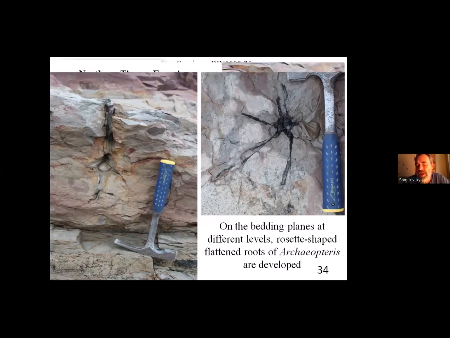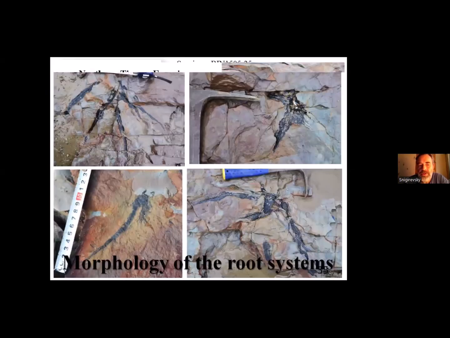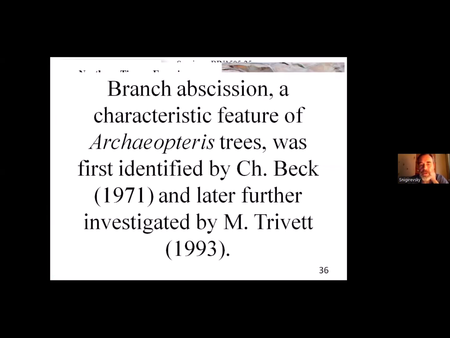So, rosette-shaped flattened roots. And here are different morphological types of root systems of Archaeopteris trees, which we discovered in different years on Timan localities.